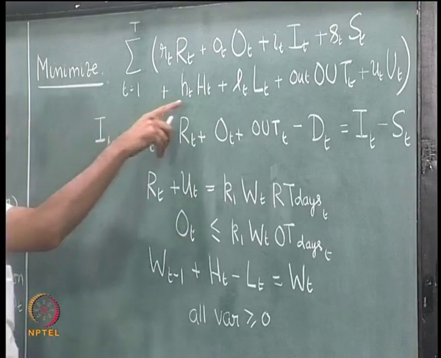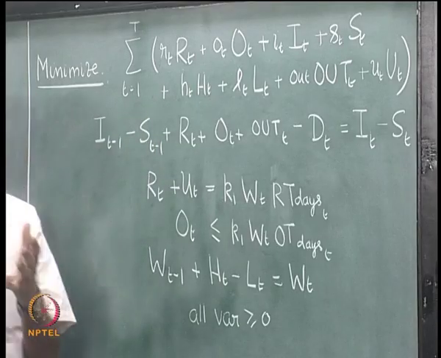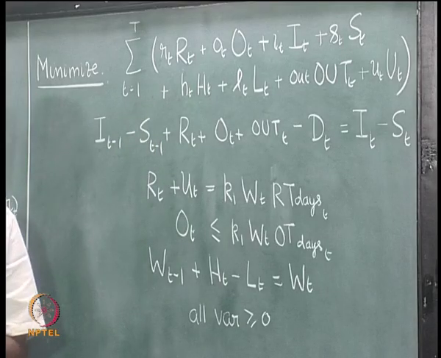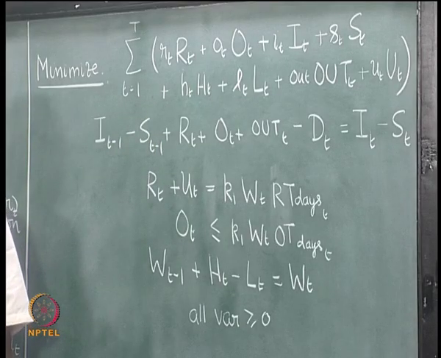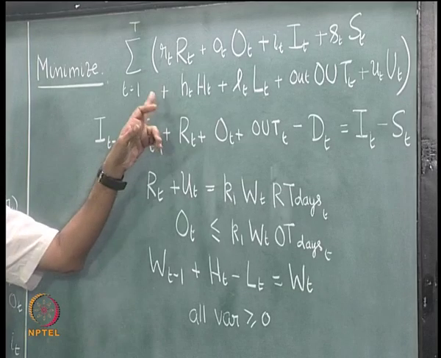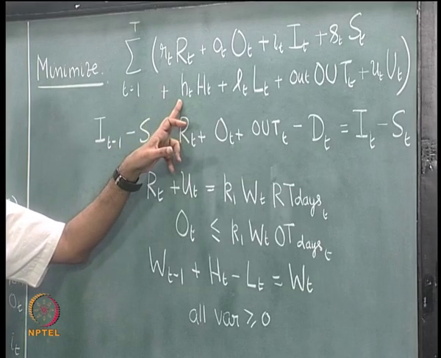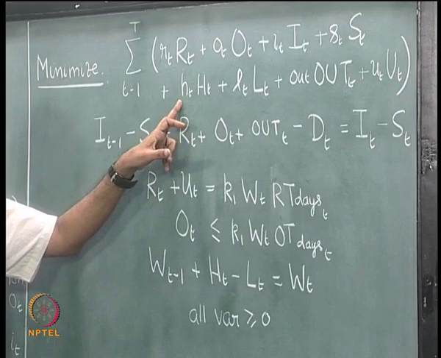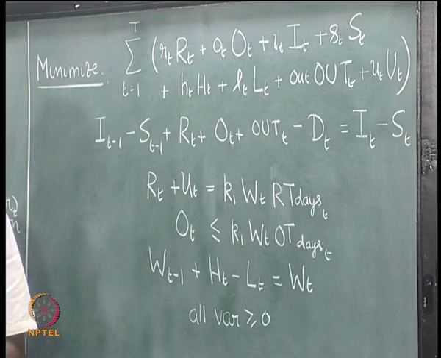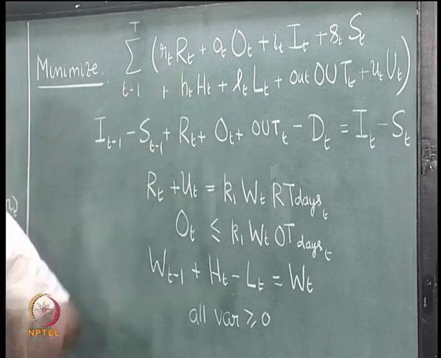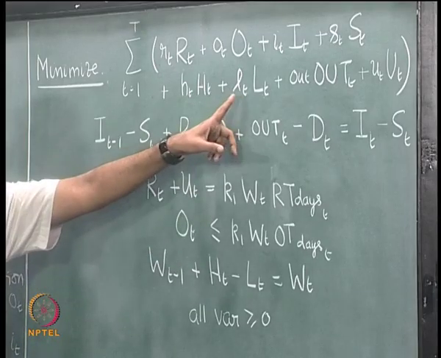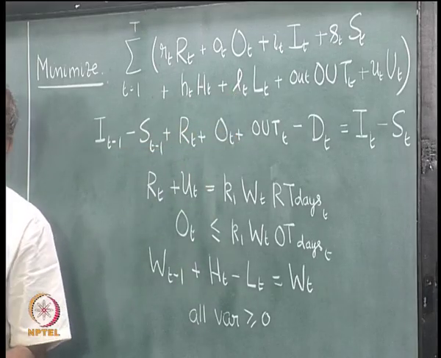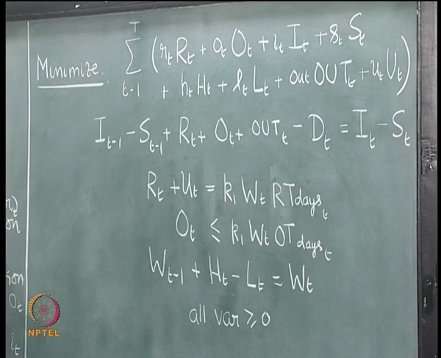Ht essentially concerns the cost of conducting interviews to hire people and the cost to train them. It does not include the payroll of the additionally hired people, which is taken care of in the Wt, and in this case in RT and UT. Similarly, Lt is the cost of laying off, where some kind of additional compensation is given to the person who is laid off. So, that is your Lt.